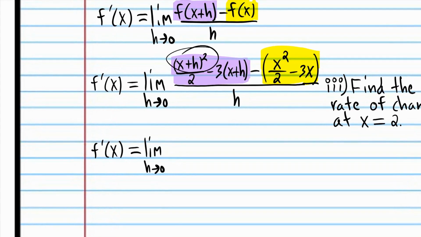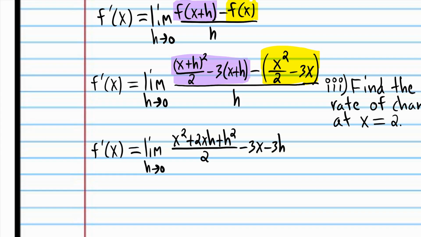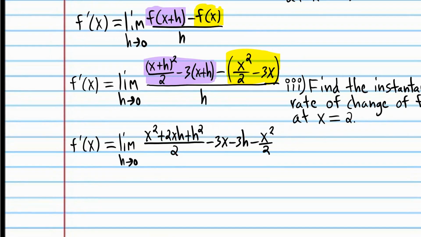So I'm going to expand this. If you expand using FOIL and then combine like terms, you get the following expression. And then I'm going to distribute the -3 using the distribution property, and then I'm going to distribute the negative, and we end up with the following expression.